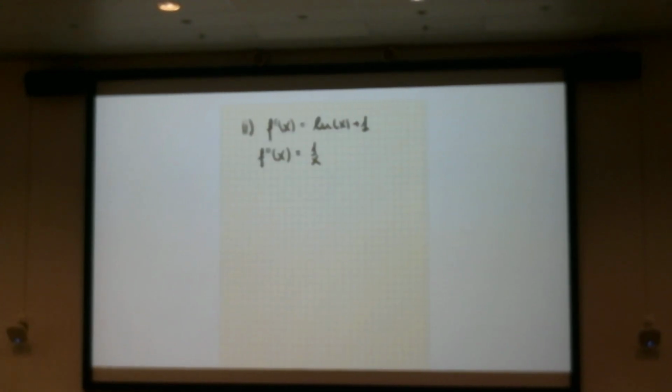All right? So now, if we insert e to the minus 1, I have 1 over e to the minus 1. That's the same as e. And clearly e is 2.71 many, many numbers. Positive. So we have that the function is convex. Which means that we have a local minimum at e to the minus 1.